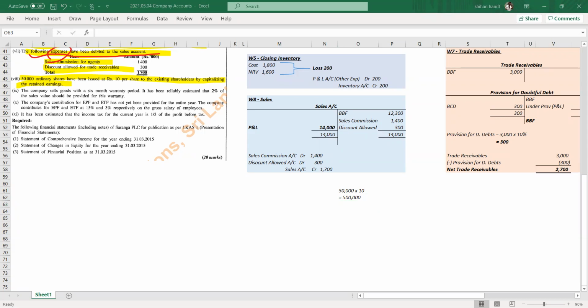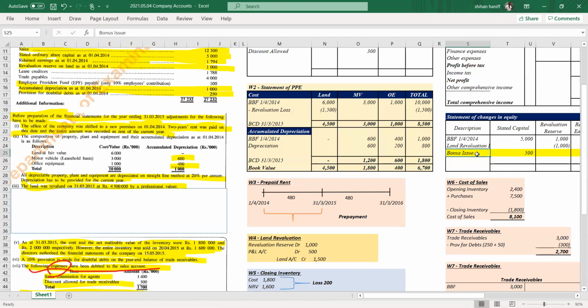Instead of saying bonus issue, you can say capitalization of reserve. That is also fine. Both are correct.